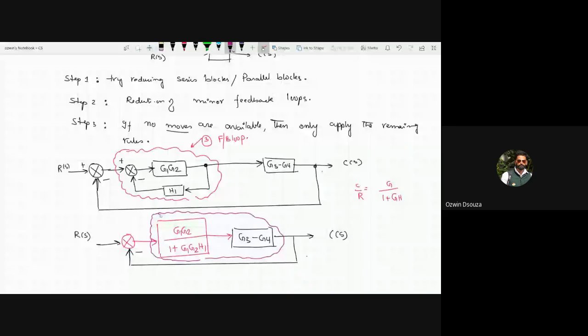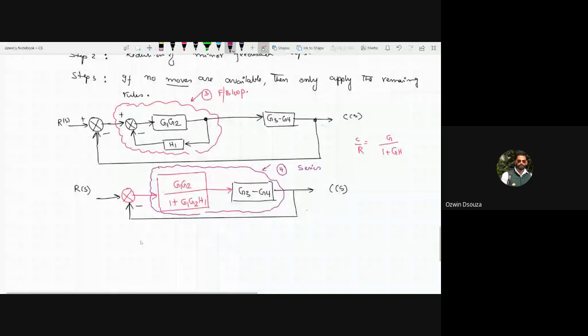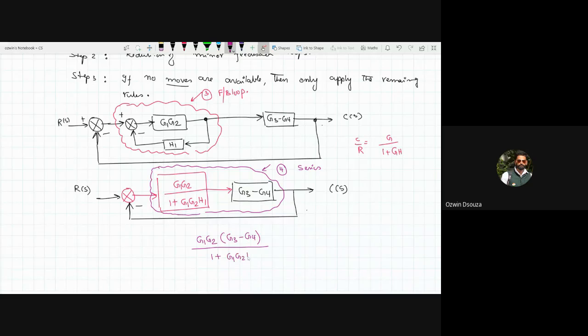So step 4 is nothing but series blocks. So what do you mean by series blocks? You will multiply this block transfer function with the other block transfer function, right? So here, block 2 doesn't have any denominator, so obviously the numerators are getting multiplied. So you're going to have G1, G2 into G3 minus G4 in the numerator. And in the denominator, you will have 1 plus G1, G2, H1.